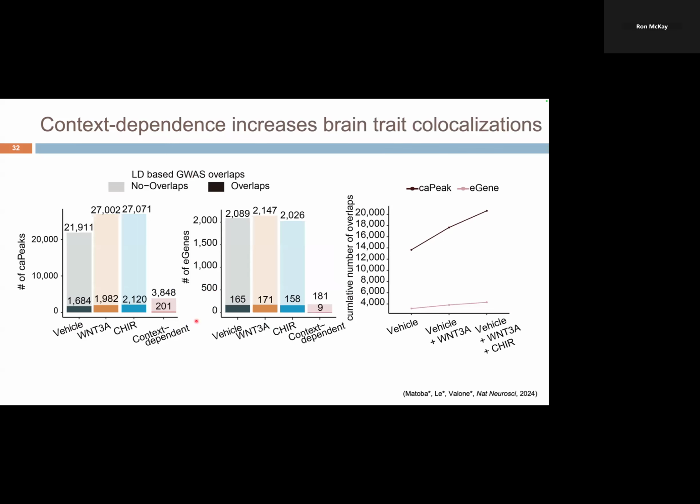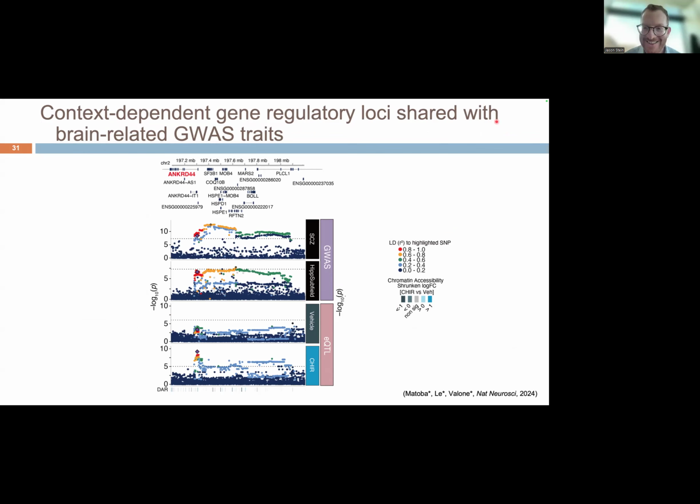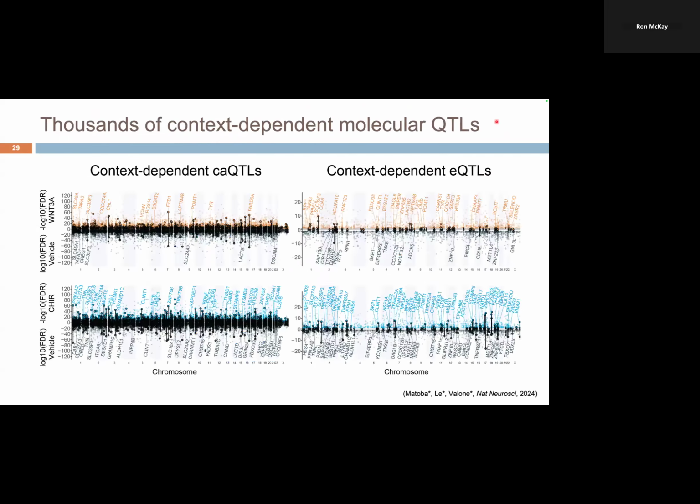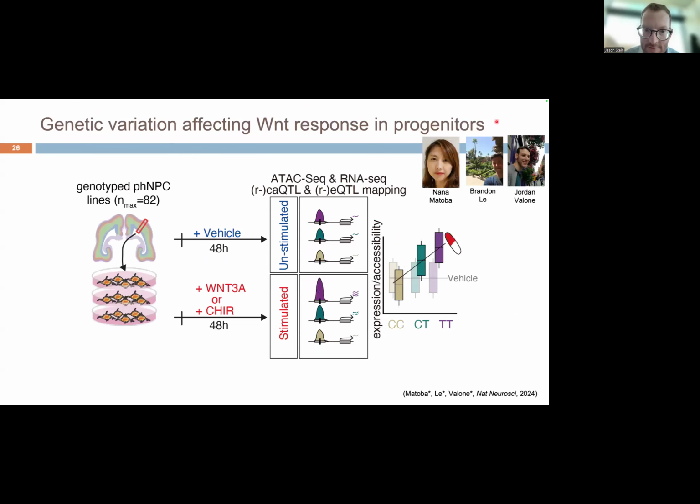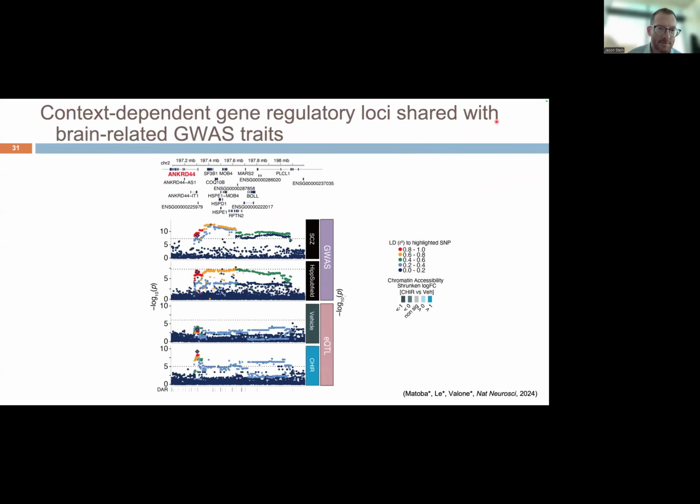Jason, can I just ask you a question while you're speeding through this? Sorry, yeah. One of the things that's bugging me as you go through this is, is this all done on these 80 human progenitor lines? Yes, all these data. And so then when you make a statement about a specific brain region like this subiculum region, is the effect that you see... maybe you can formulate the question for me.